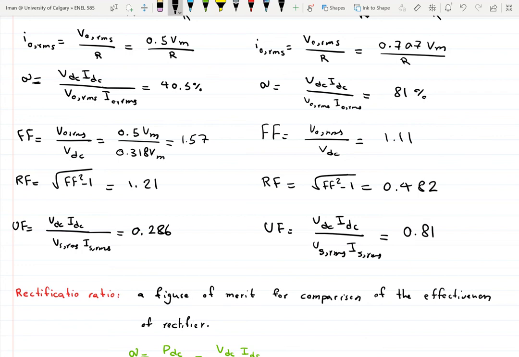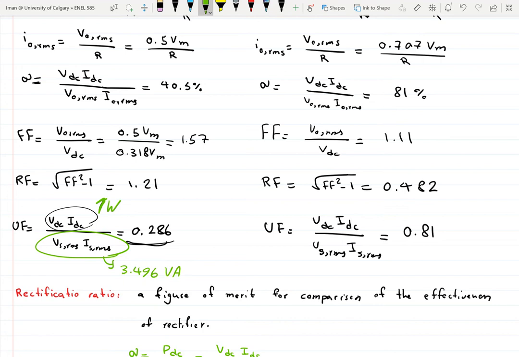So what this means is that basically from here 0.286, if we want to deliver 1 watt of power here, we're going to need basically 3.496 volt ampere from our source in order to provide only 1 watt here.